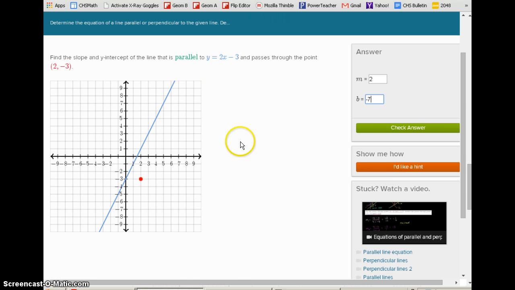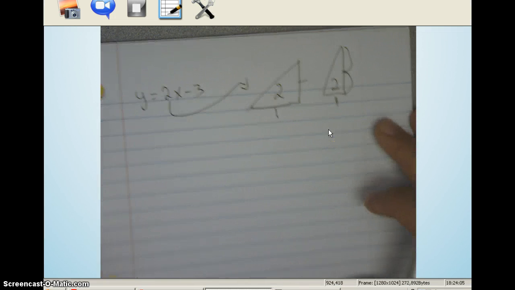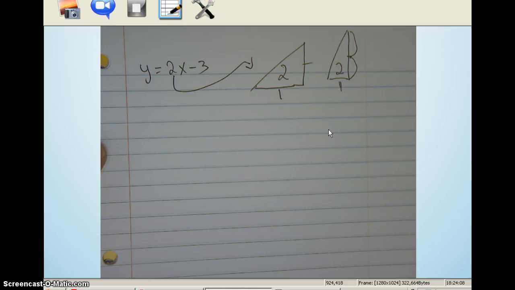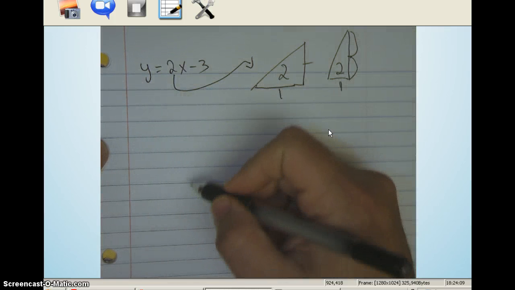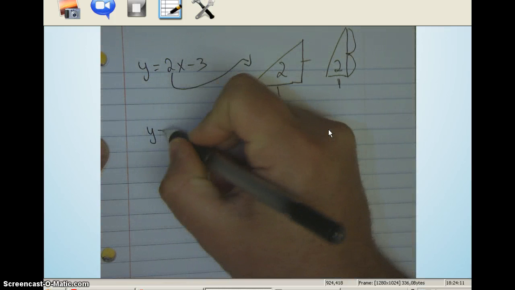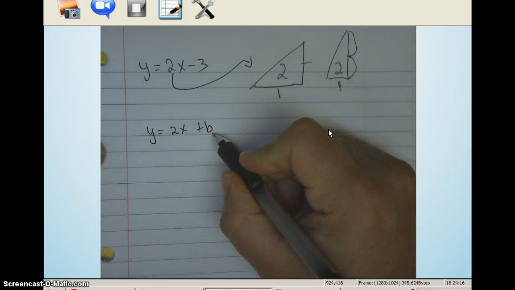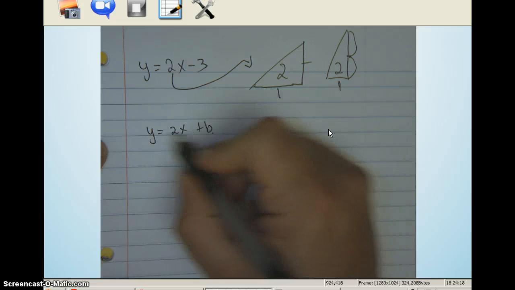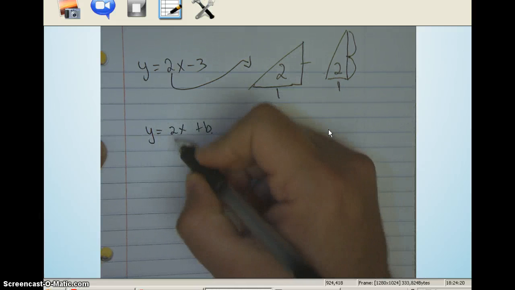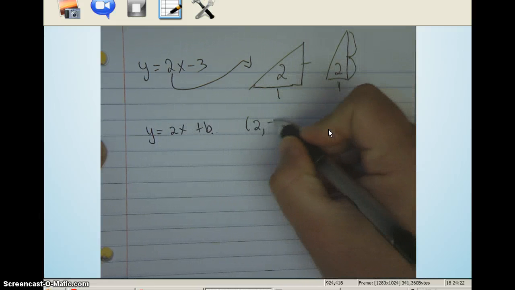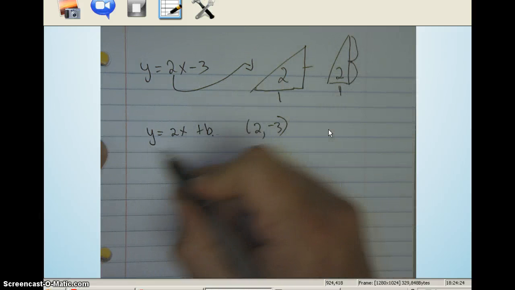Now, if you want to do them algebraically, because you're an algebra nut or you have great visions for other things you're going to do in life, you would say it like this. You'd say y equals 2x plus b, and we want to solve for b. So we're going to substitute in a point that we know. In this case, we were given the point (2, negative 3) on this line.